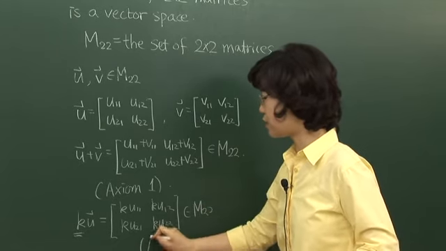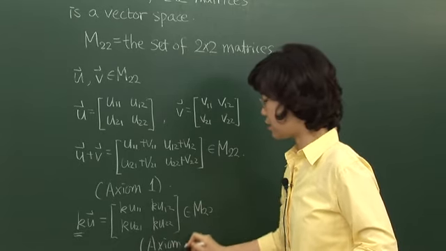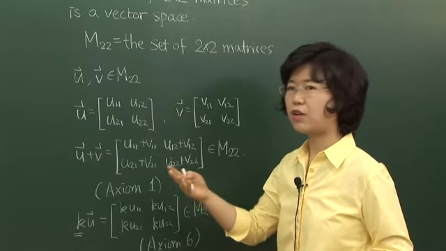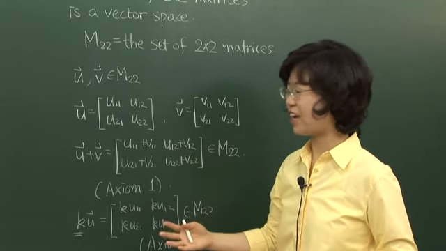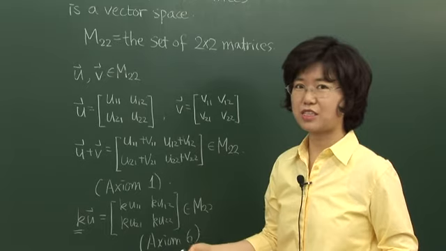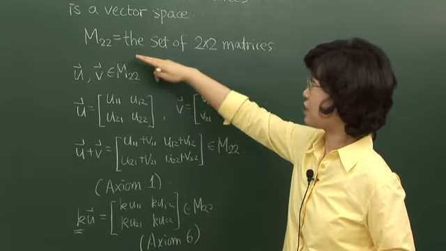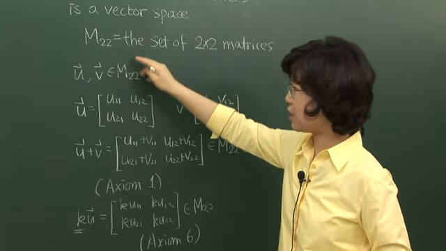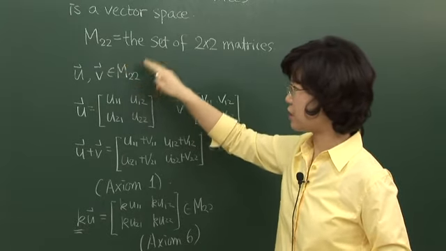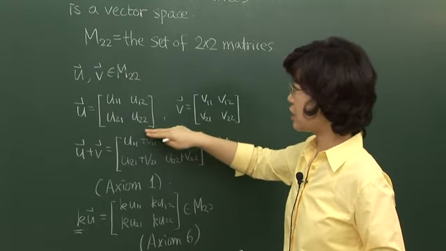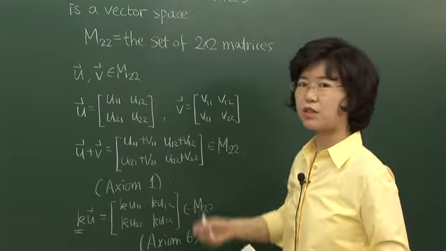So this is axiom 6. And you can check all other axioms. The remaining 8 axioms can be easily checked, so this is a vector space, and in this vector space, these elements will be called vectors.